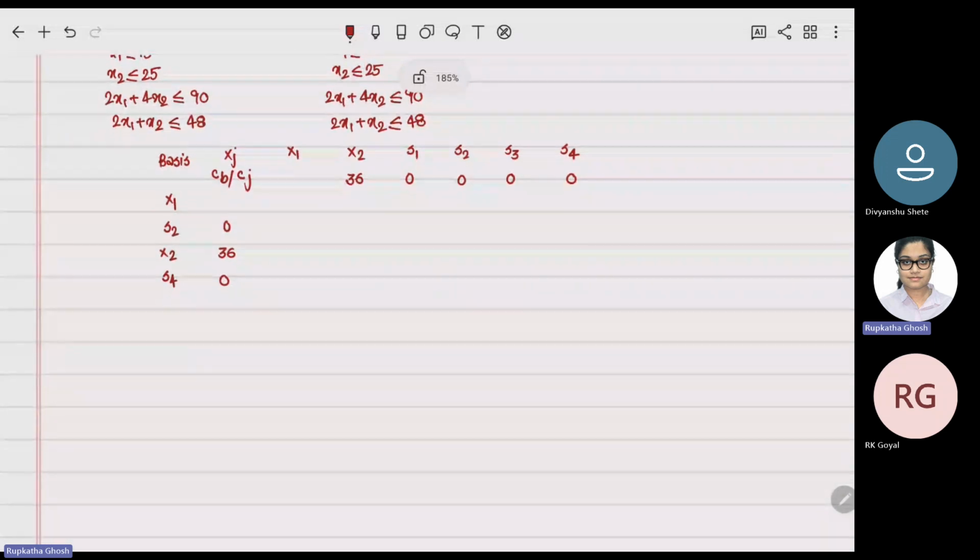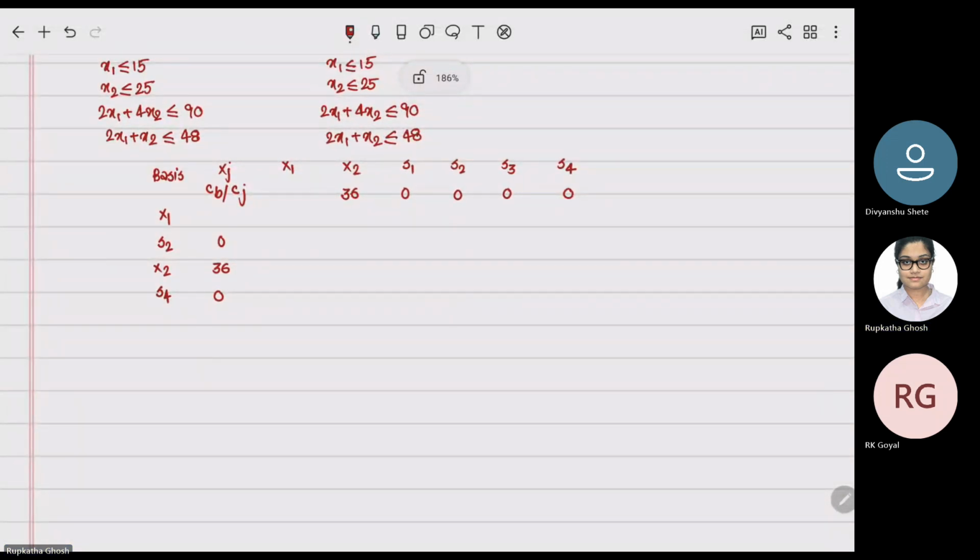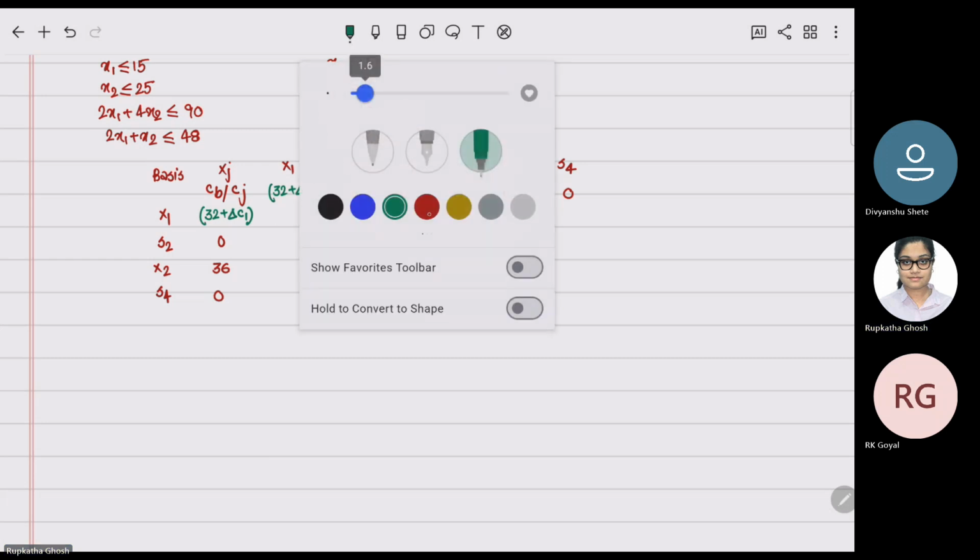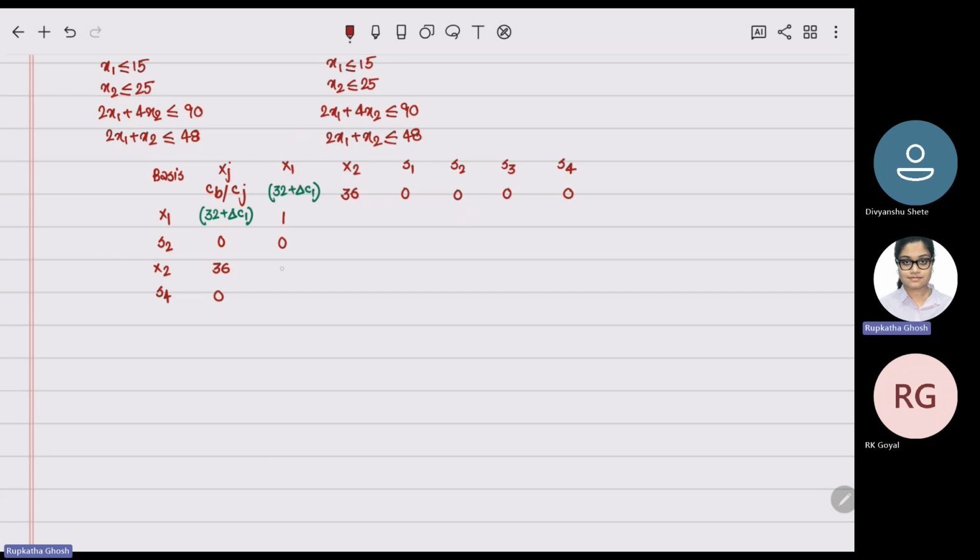Can you tell me the values that we had in the final table? So here we have 32 plus delta C1. Here also we have 32 plus delta C1. Since x1 and all these have entered the basis, x1 should be 1, 0, 0, 0. For s2, it should be 0, 1, 0, 0. x2 should be 0, 0, 1, 0. s4 should be 0, 0, 0, 1. What about the other values?